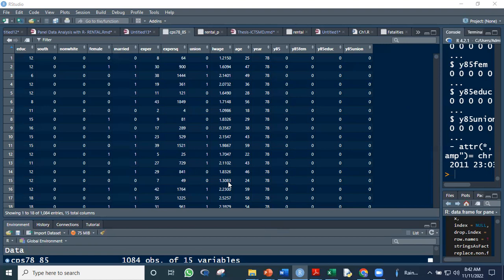Okay, clear yan, class? And then upload it again, and then i-convert na into a panel data. Class, clear? Okay, thank you. Good. Dalawa lang nag-clear.